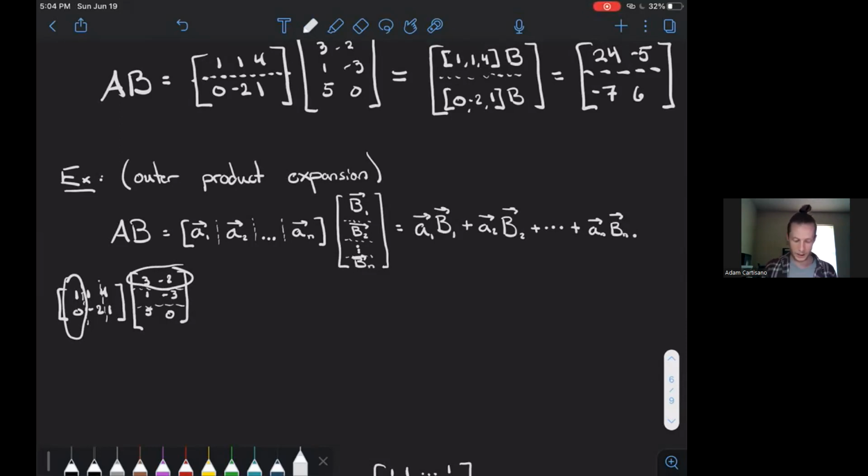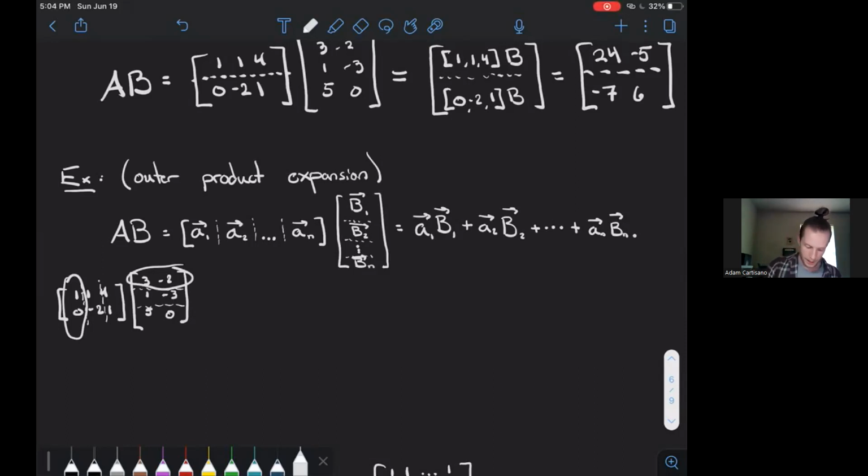So I've circled the two vectors now that we're going to multiply together: 1, 0 and 3, -2. But remember, on the left is the 1, 0 and it's a column vector, and on the right it's a row vector. So before you just go and dot product these two vectors, be careful.